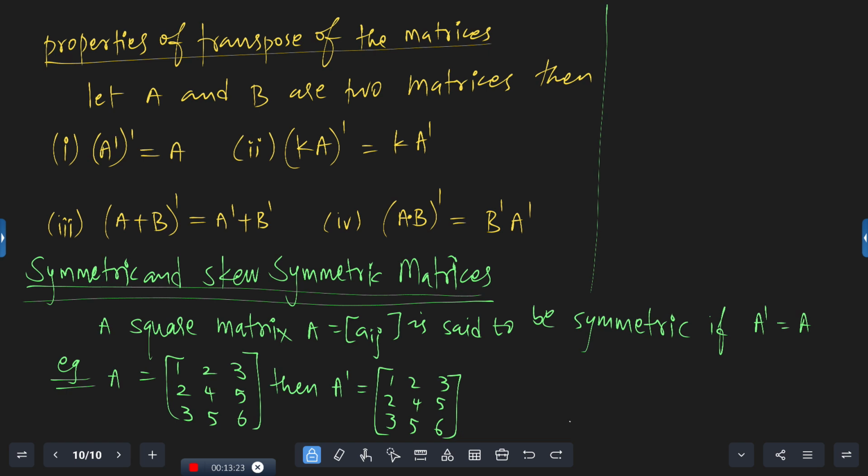Skew symmetric I will write here. Same only, that also must be a square matrix. So for this one you give one star for the first matrix, second star for the second definition.